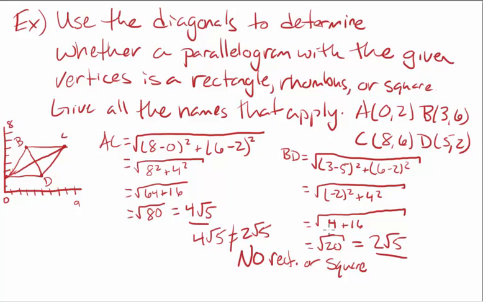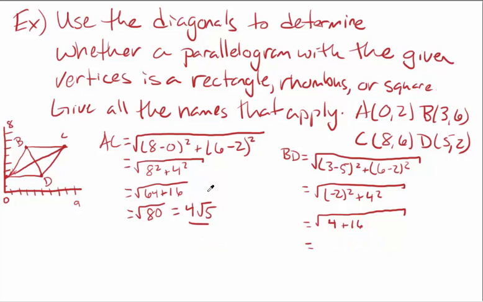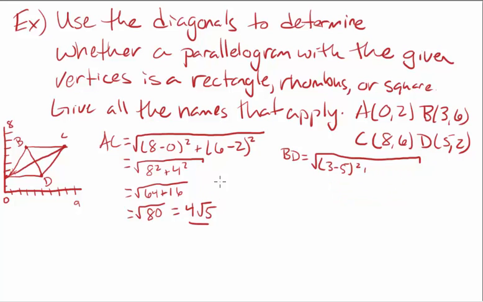Now we have one more shape to check, and that is: is it a rhombus? We need to see if the diagonals are perpendicular. To do this, we're going to find the slopes of the two diagonals and see if they are opposite reciprocals of each other. An opposite reciprocal is basically the number flipped, and then you add a negative to it.